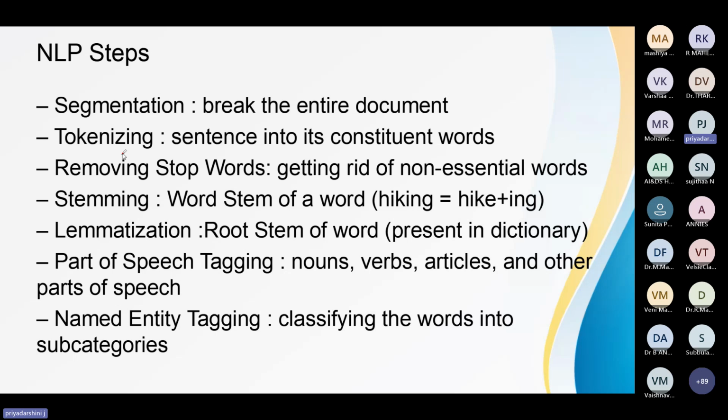Tokenization, as I told you just now: every sentence is converted into words, which are taken as tokens. The next step is removing stop words. Here again, non-essential words, that is full stops, commas, hyphens, numbers, all those are removed.